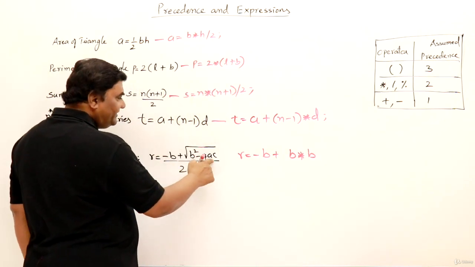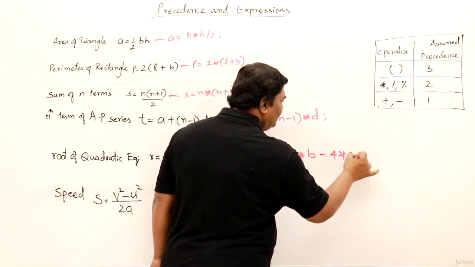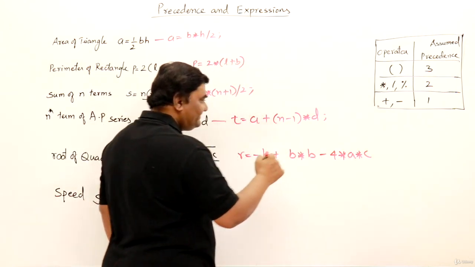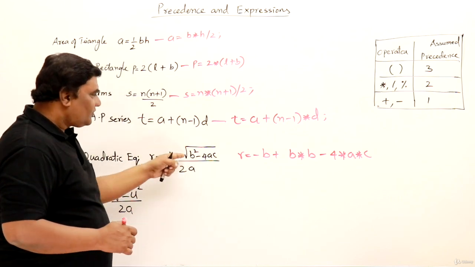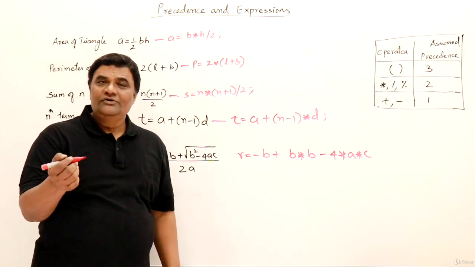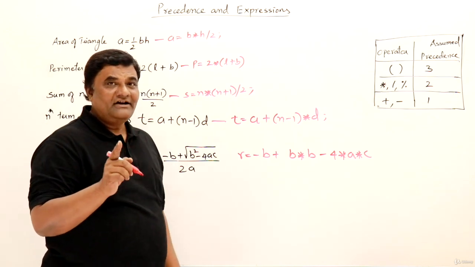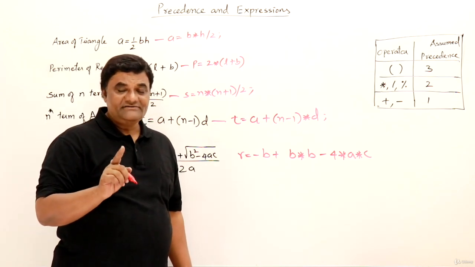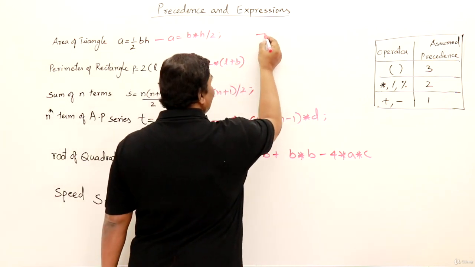Then minus 4 into A into C. Yes, this is perfect. Now this whole thing has to be in root, square root. How do you find square root? See, for square root, there is a header file available in C++ which is having a square root function, and that header file name is cmath.